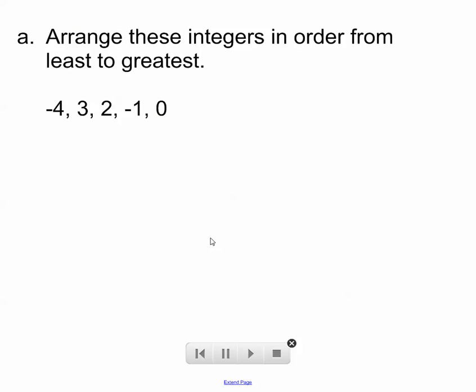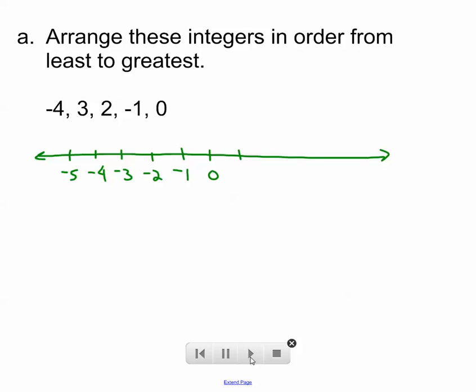All right, so here's a set of integers. Not the set of integers, but 5 integers, and we're going to order them from least to greatest. A great way to do it is by using a number line. Your number line doesn't have to look exactly like mine, but this one's going to work just fine for us. I'll start at -5 and go up to 5 by ones, and I'll plot these integers: -4, 3, 2, -1, and 0.